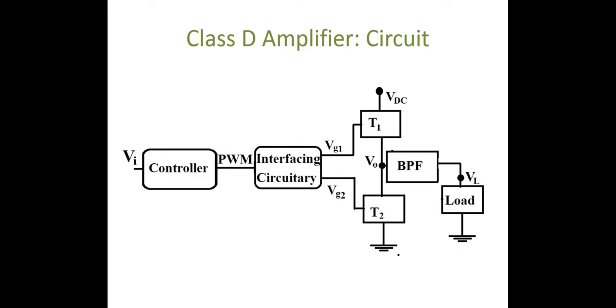The interfacing circuitry is required because generally the PWM generator or the controller will not be able to provide the required current and voltage levels for the transistors T1 and T2, which are power transistors. They may be power MOSFETs or power BJTs.